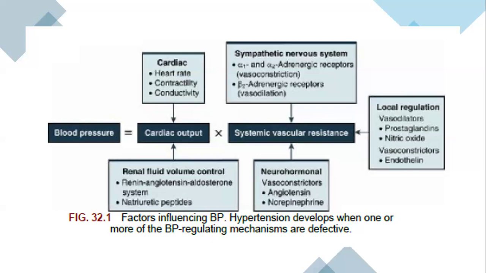The next is the local regulation. It involves vasodilators like prostaglandins and nitric oxide, and vasoconstrictors like endothelin. All these systems work together to maintain normal blood pressure. However, when one or more of these mechanisms become overactive or defective, hypertension or high blood pressure can develop.